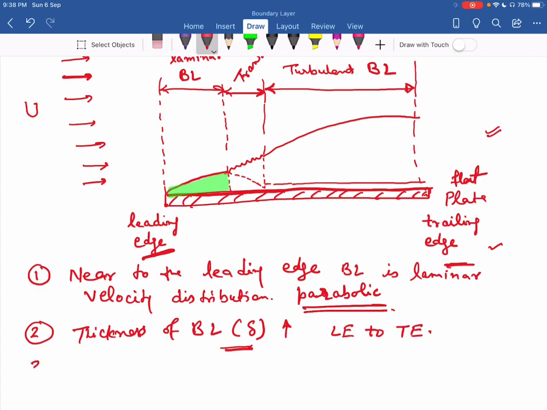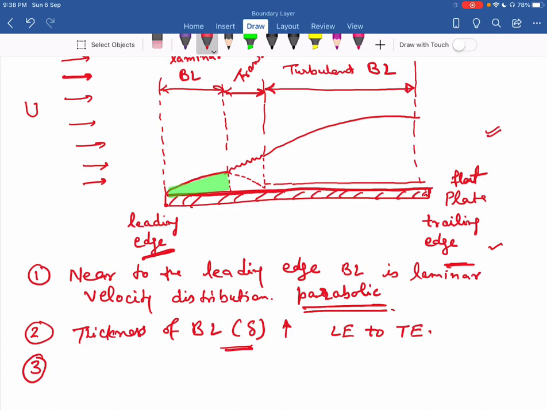Third point, for a turbulent flow. Within this region of the boundary layer, there is one part where the flow is turbulent, and that part we call the turbulent boundary layer.